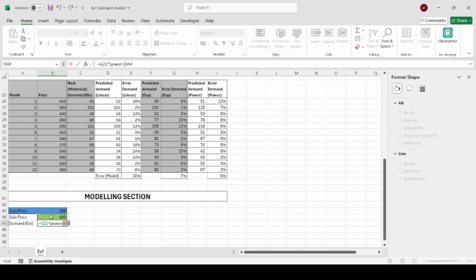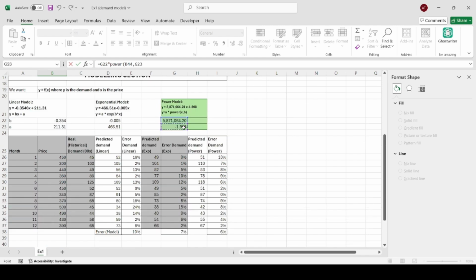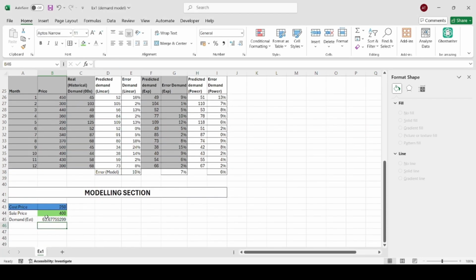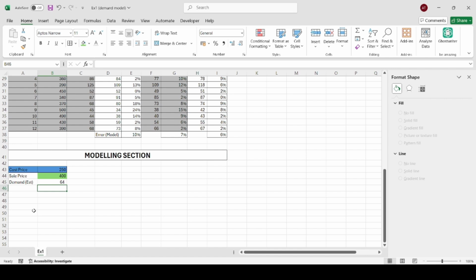So the price at which we sell raised to the power this. Okay, so we have our demand. So our demand, and let's make this one a number, our demand is 64 units. So if the sale price is 400, our model estimates that we are going to sell 64 units.